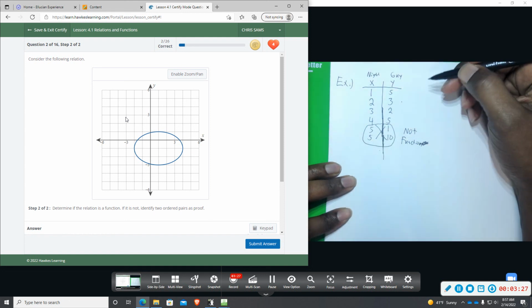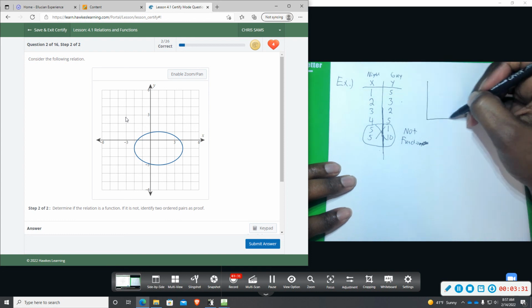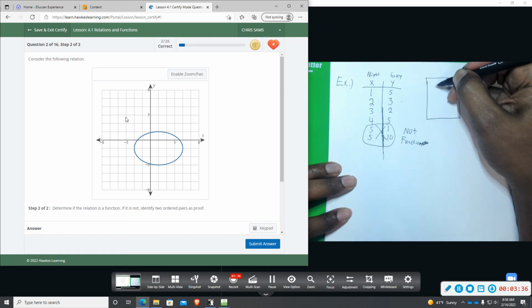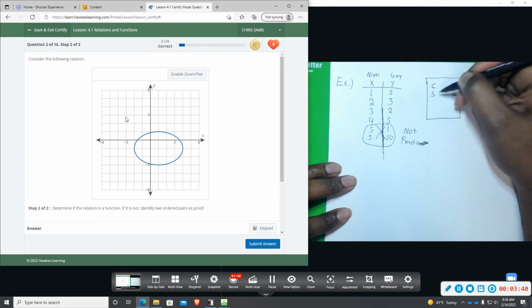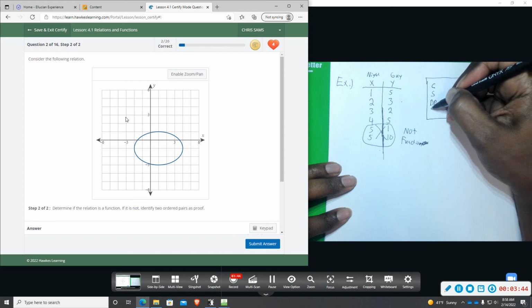This can also be represented with a vending machine example. Let's say we have a vending machine and we have a button that gives you Coke, a button that gives you Sprite, one that gives you Dr Pepper, one that gives you root beer.